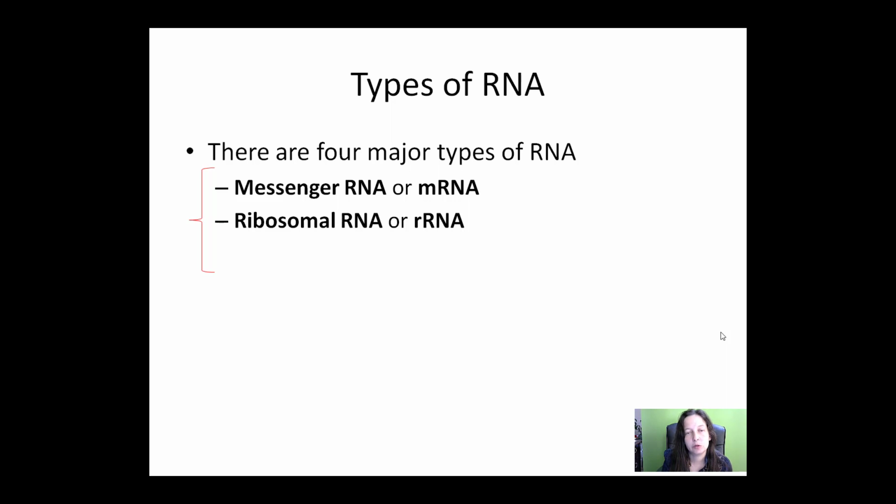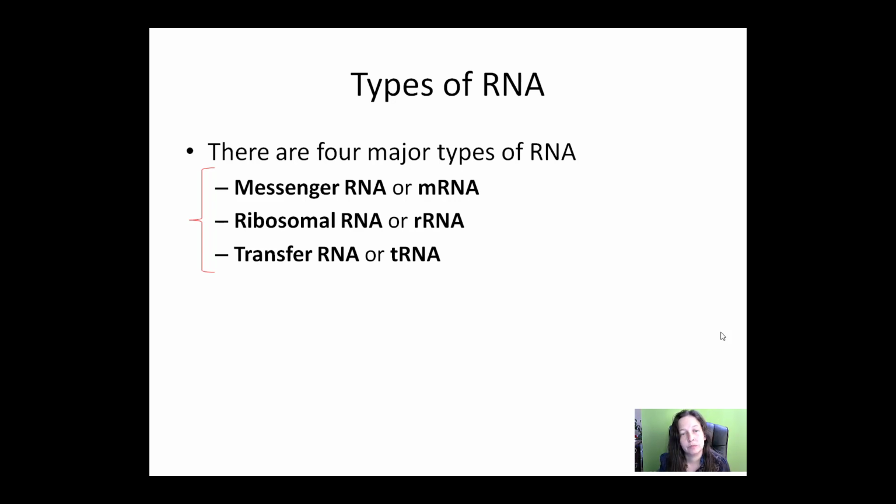There is ribosomal RNA known as rRNA, and transfer RNA known as tRNA. All of these 3 RNAs are important in the process of translation. They all participate in the process of translation, and we will see how in a few minutes.